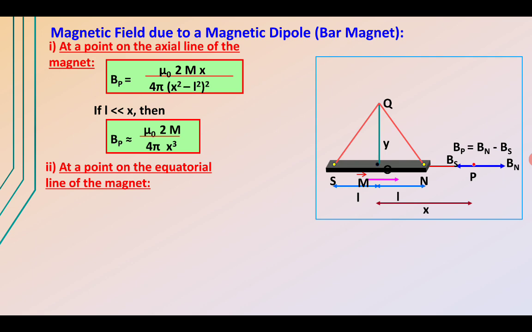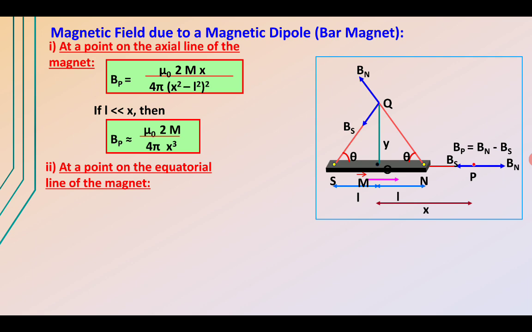Qs and Qn represent the distances of this point from the poles, and it makes an angle theta with the axis of the bar magnet. Bn represents the magnetic field at point Q due to the north pole, directed away from this point, and Bs represents the magnetic field at point Q due to the south pole, directed towards the magnet.